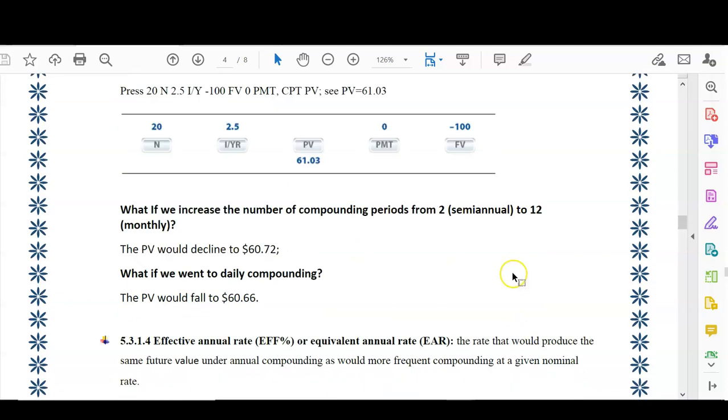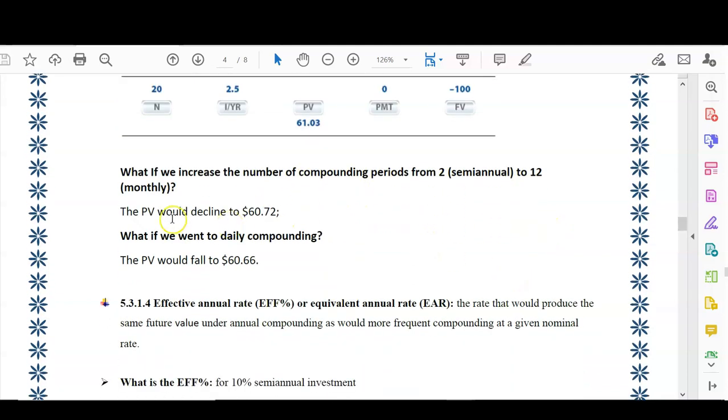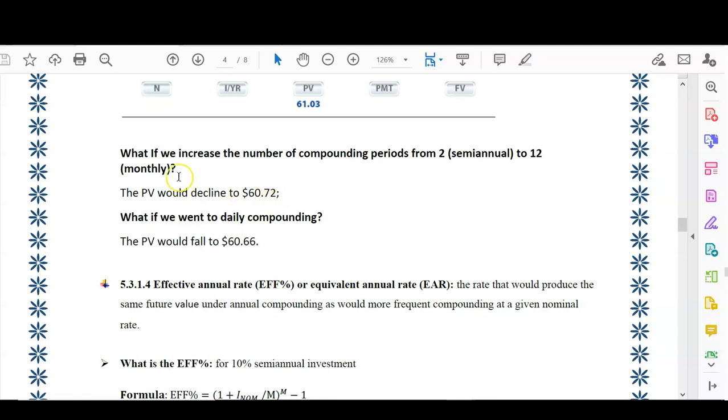Okay, what if we increase the number of compounding periods from 2 to 12? The present value would decline to 60.72 if it's monthly compounding instead of semi-annual compounding. Okay, if we're compounding daily instead of semi-annual, the present value would fall into an even smaller amount.